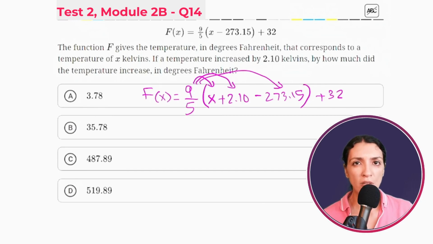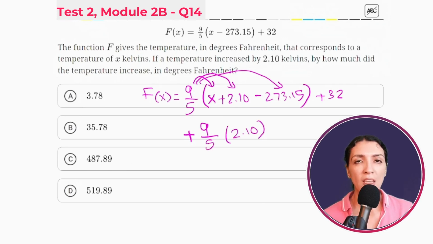So that's the only thing that we're going to focus on here. So the only difference has been that our f of x has been increased by 9/5 times 2.1. 9/5 is about 10 over 5, which is 2, and 2.1 is about 2. So basically, we're increasing f by about 2 times 2, which is 4, which would lead us to choice A.